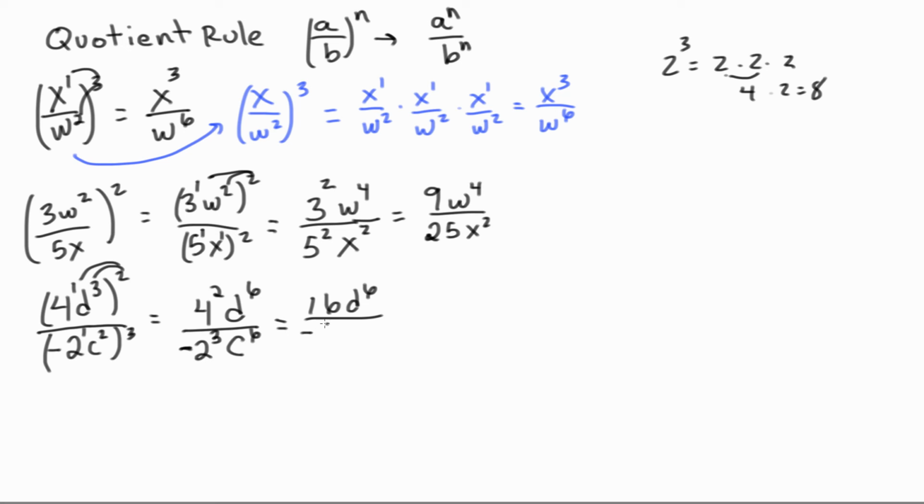Okay, that's going to be 8. And then c to the 6. Great. And now we can see that 8 will go into 16 2 times. The negative is still there. So this is going to give you 2d to the 6 over c to the 6. And we can put the negative here if we want, as long as it's on the top, in the middle, or the bottom. Okay.